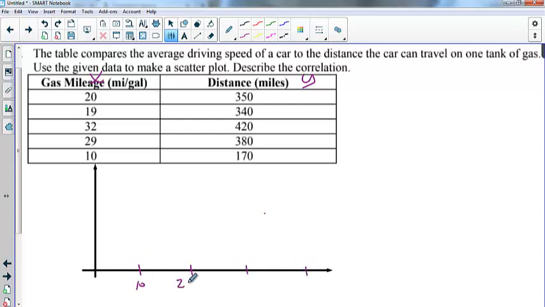So what about for my y-axis? Yeah, 50 would probably be a good option. That should cover everything. So 50, 150, 250, 350, 450.